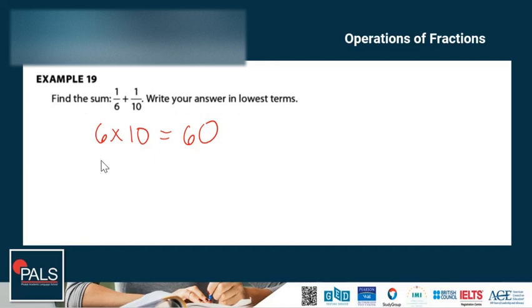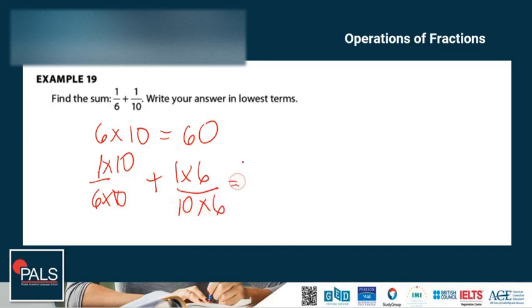So 1 over 6 is multiplied by 10, so we need to multiply it by 10 here, plus 1 times 6 over 10 times 6. So the answer is 10 over 60 plus 6 over 60.